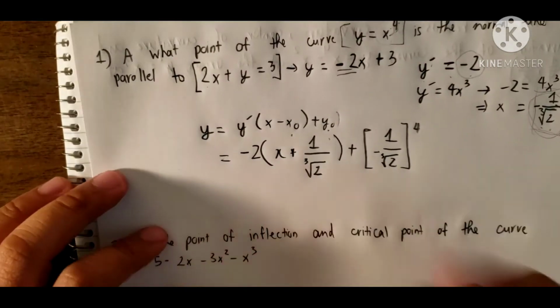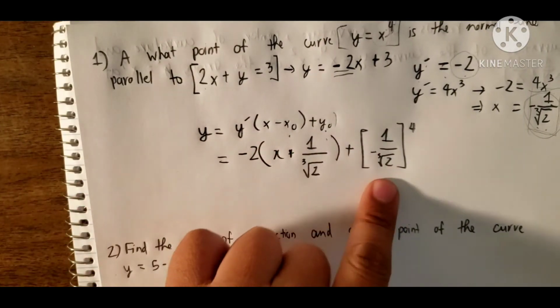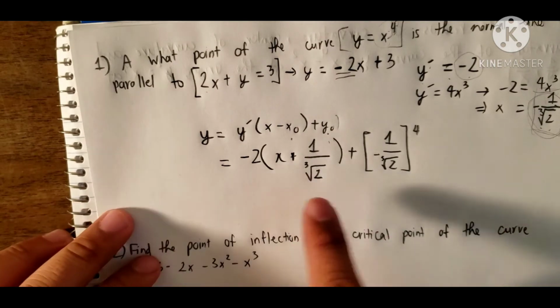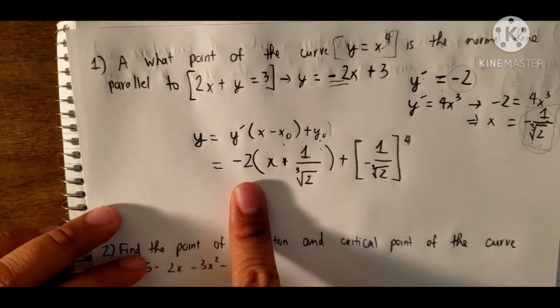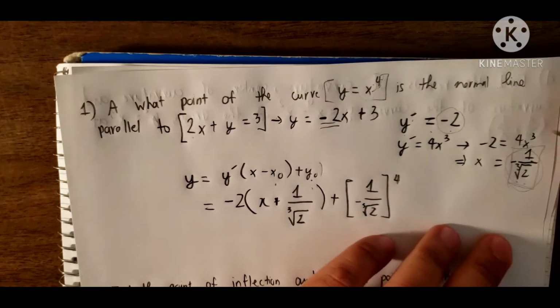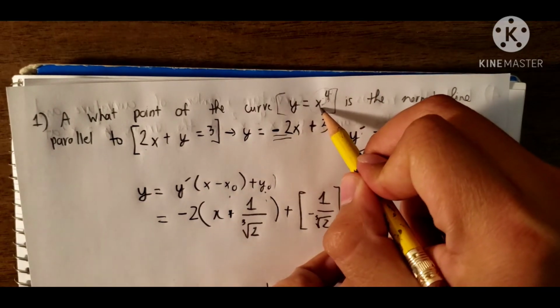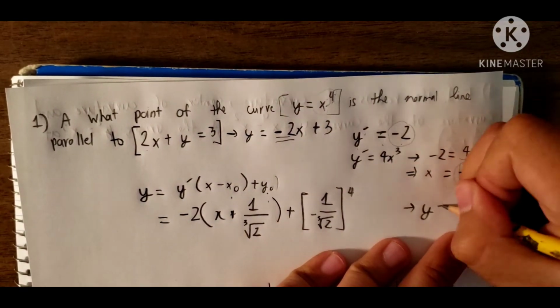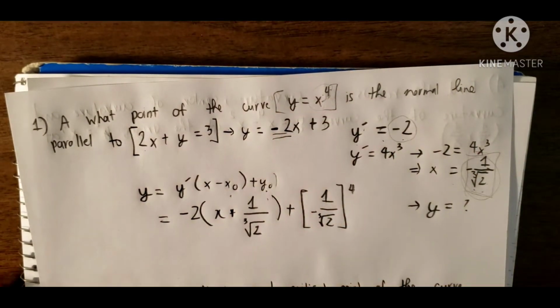The next step you can do by yourself, multiply minus 2 with this number, and find the number. So this is the tangent line we need to find. And if they ask what is the point, you just have the x in here, you put in this curve, and you get the y. This one you can do by yourself because that's just so simple for you.